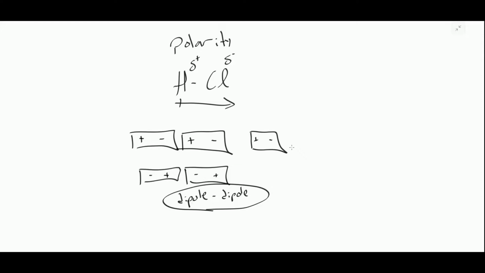On the same scale, you can get dipole-ion interactions. An ion is just like the extreme version of a polar bond, in that instead of just hogging the electrons, the more electronegative element steals them entirely. So you can get something like water molecules grouped around, say, a sodium ion.